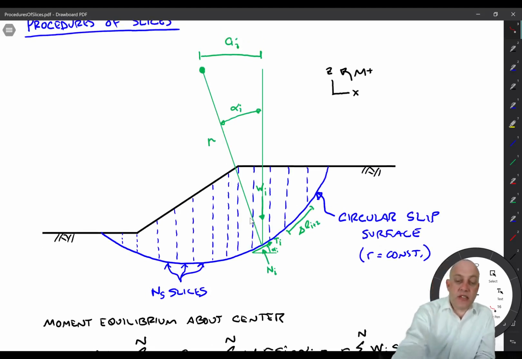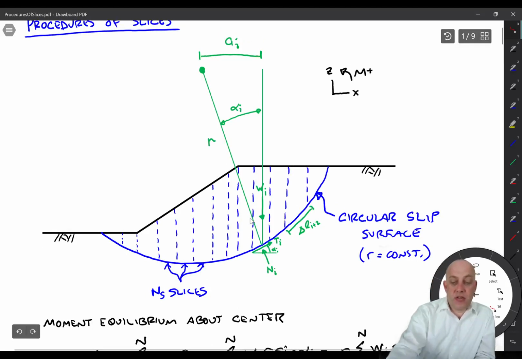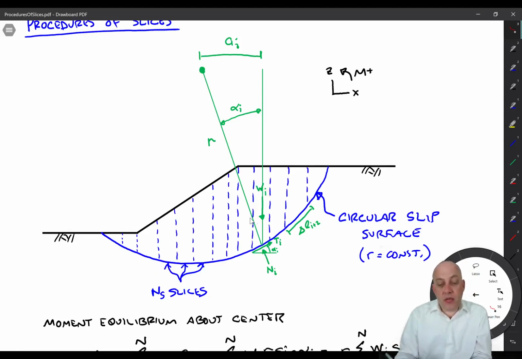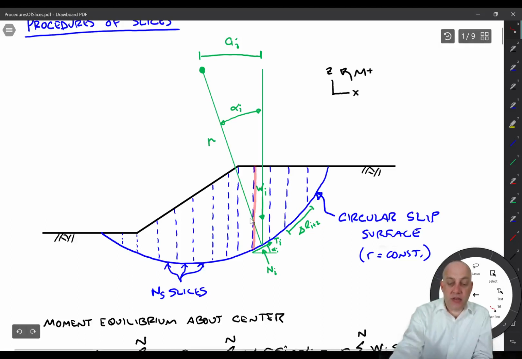Then there's a distance, a, at the top. That's from the center of the circle to the weight of the slice. Another thing that we usually do with the method of slices is we assume that the slice width is pretty small, in which case we can just put the weight right at the center.